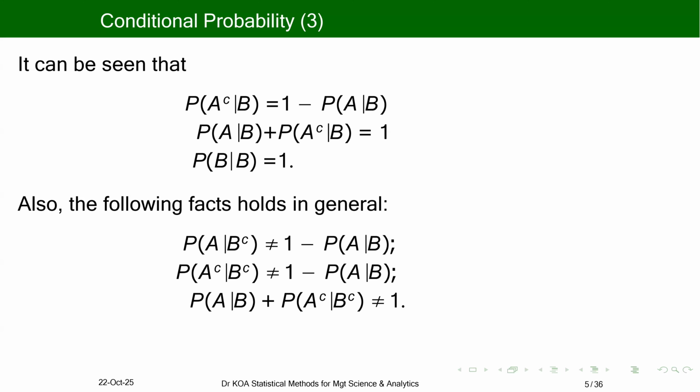The probability that Emily is in this class, given that Emily is already in this class, is 1. Yes. Okay. Because she's already in the class.